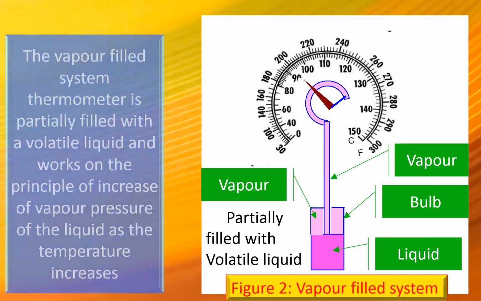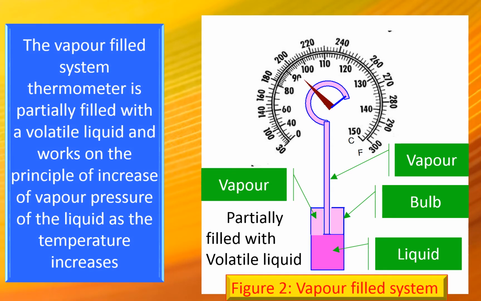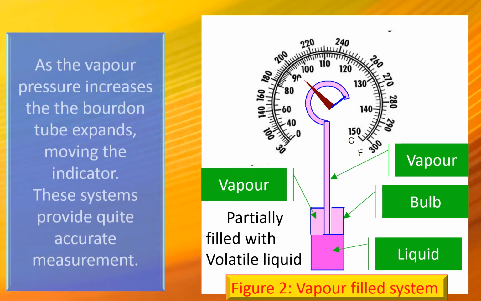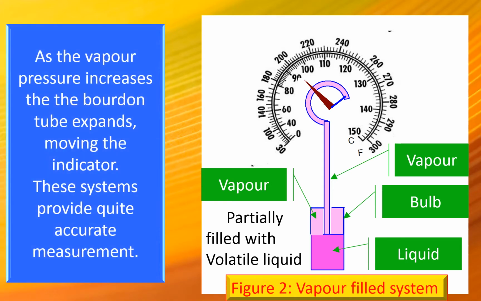Vapor filled thermometer. The vapor filled system thermometer is partially filled with volatile liquid and works on the principle of increase of vapor pressure of the liquid as the temperature increases. As the vapor pressure increases, the Bourdon tube expands, moving the indicator. These systems provide quite accurate measurement.